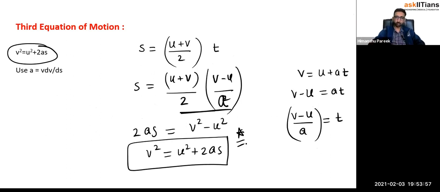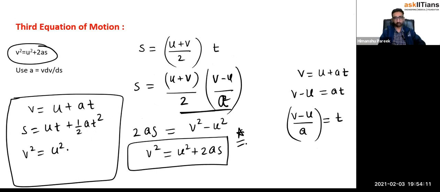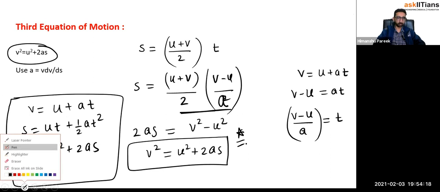So now we have three equations of motion. If you see them all together: v = u + at, s = ut + ½at², and v² = u² + 2as. When we see all these three equations together, you should remember them like this.